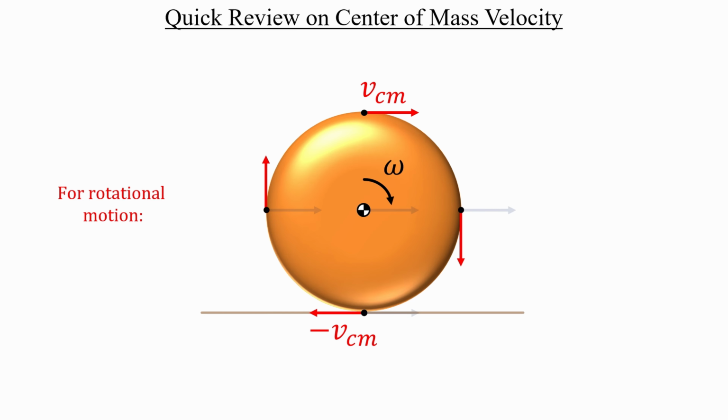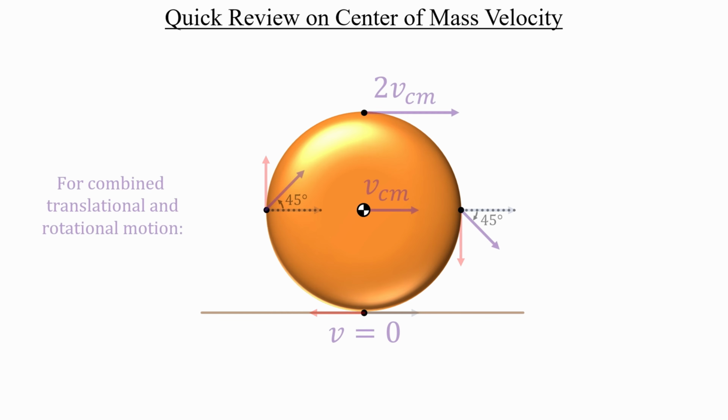For an object that experiences both types of motion, we need to take the vector sum of the red vectors and the blue vectors, which results in the purple. Notice that the bottom point of the ball has an instantaneous velocity of 0. This is where that axis is coming from.